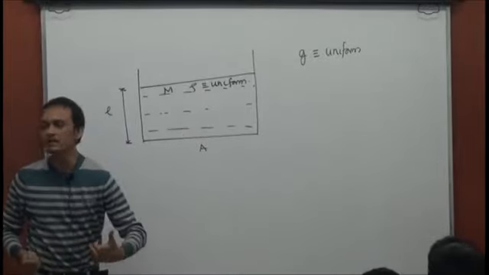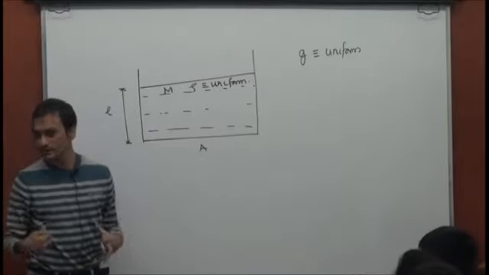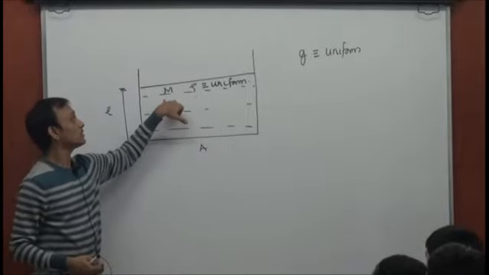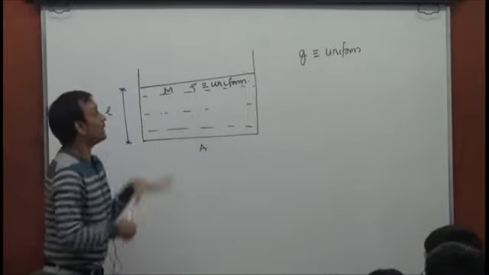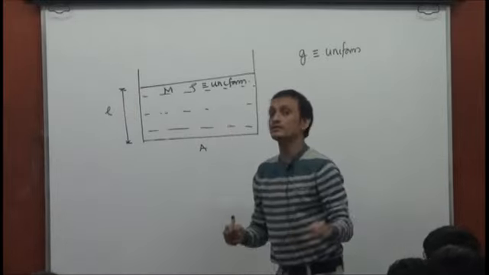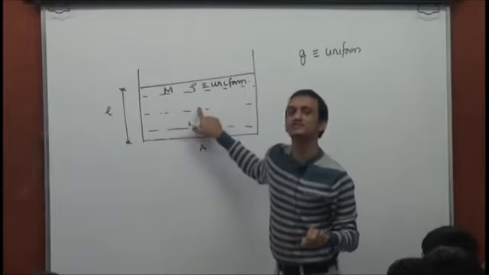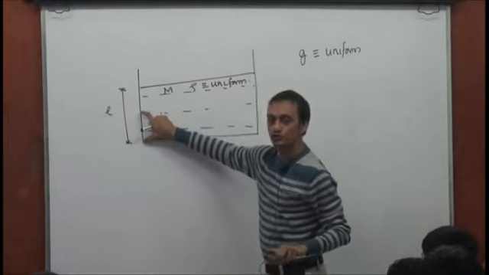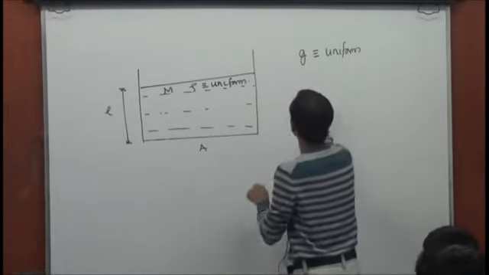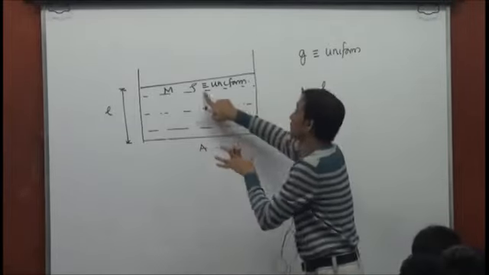Now if somebody wants to compute the potential energy of this, provided rho is constant and g is uniform, then you can imagine this entire thing to be replaced by a point mass at the midpoint of this container. That means L by 2 units from here, right?